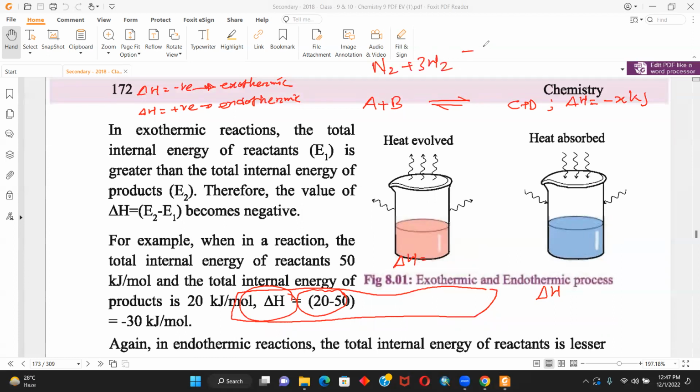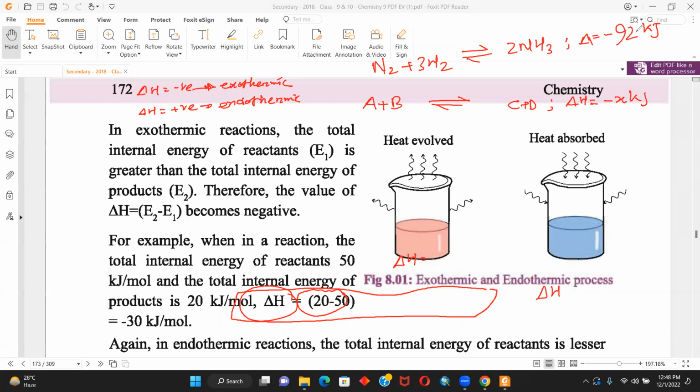Then what it creates is 2NH3, and the delta H here would be equal to minus 92 kilojoule. Sorry, it was not minus 180. Okay, now, what does that mean? Forget about whether the reaction is correct or not.